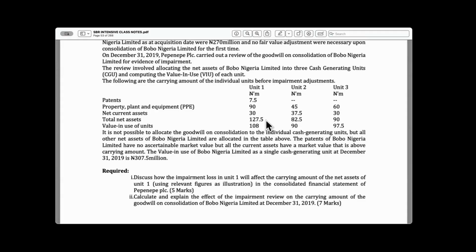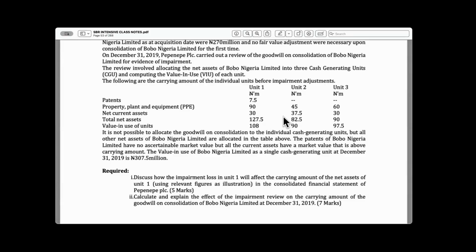Since the patent has been fully impaired because it does not have any current market value, we allocate to the patent first.